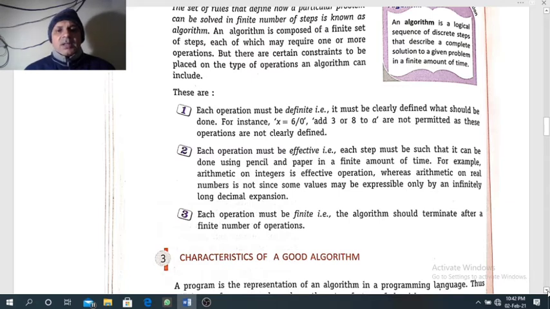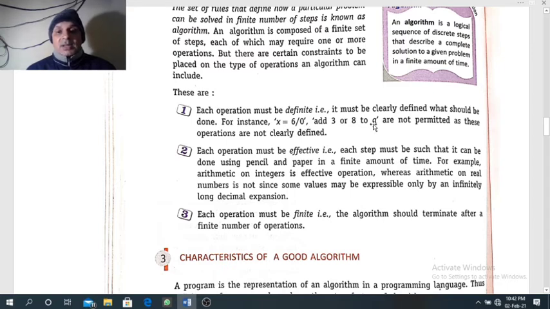For example, if we have a variable x equal to 6 divided by 0, you know that when we divide a number by 0, the value is undefined. So if we write instructions like this in a computer, it means it is not defined. So we cannot use an algorithm with these types of instructions which are not clearly defined.